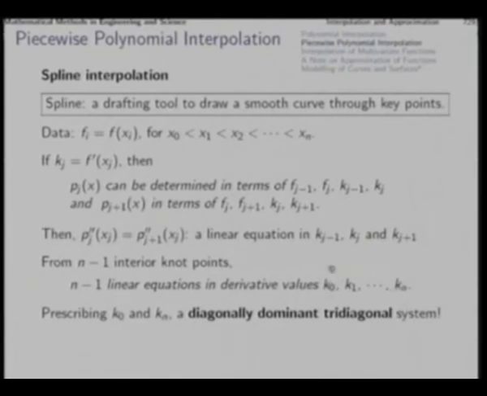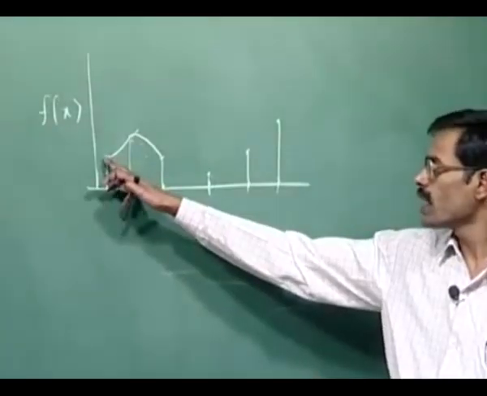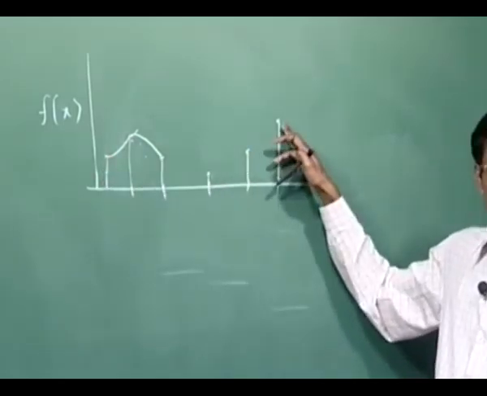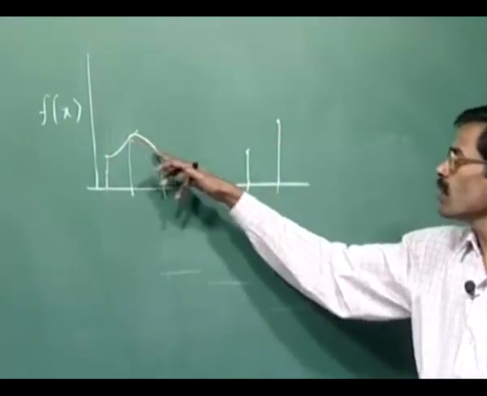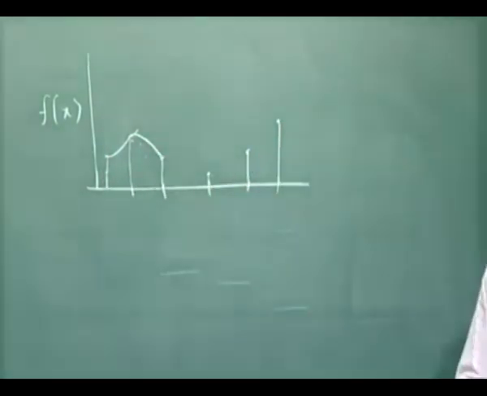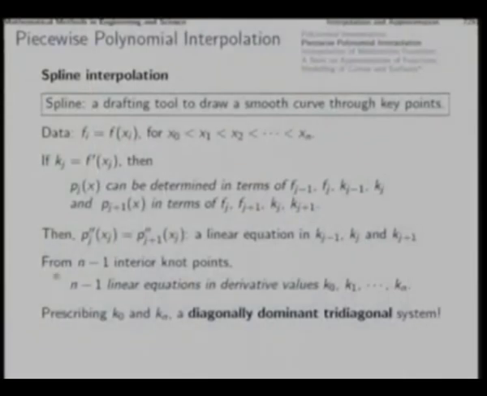These are n plus 1 values. So, to determine them completely we will need 2 of these n plus 1 unknowns, and then the rest of the n minus 1 can be determined. Typically, the derivative value at the beginning and at the end are supplied, and then the rest of them can be determined from these n minus 1 linear equations together, framing a diagonally dominant tri-diagonal system.